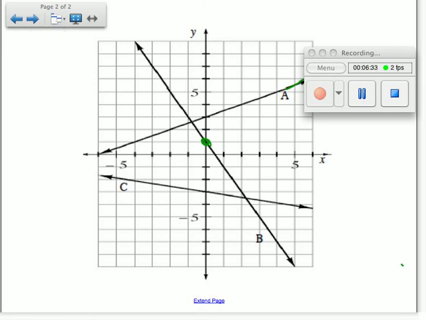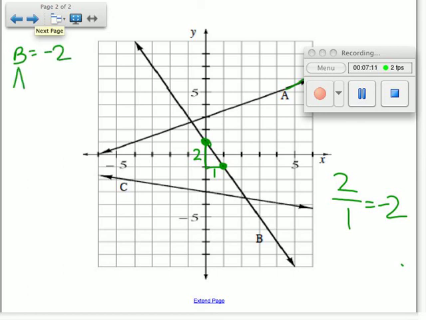And if we travel along this line, it also intersects here on the lattice grid at 1, -1. So they are pretty close. That makes an easy slope triangle with a vertical change of 2 and a horizontal change of 1. Vertical change of 2, horizontal change of 1. Rise over run gives me a slope of 2/1. Or we could just say it's a slope of 2, but it was a negative sloping line. So line B has a slope of -2.